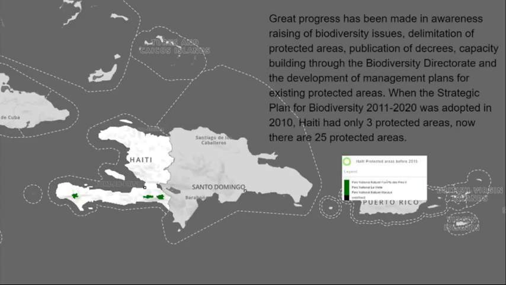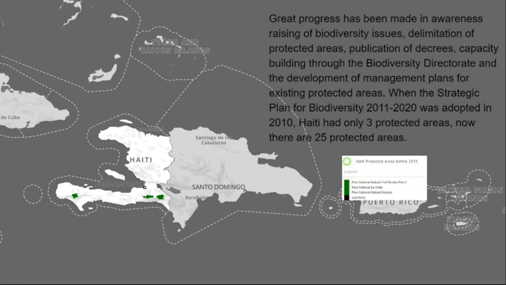Great progress has been made in awareness raising of biodiversity issues, the delimitation of protected areas, publication of decrees, capacity building through the Biodiversity Directorate of the Ministry of Environment, and the development of management plans for existing protected areas.